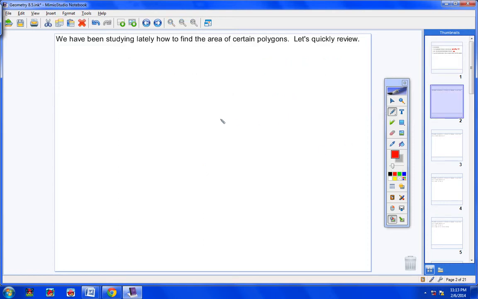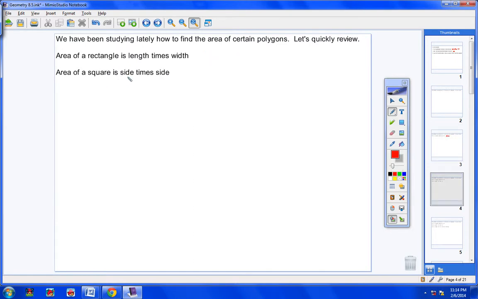We've been studying lately how to find the area of certain polygons. Let's quickly review. No need for you to write this down unless you want to, but I'm just going to go through this. Area of a rectangle is length times width.